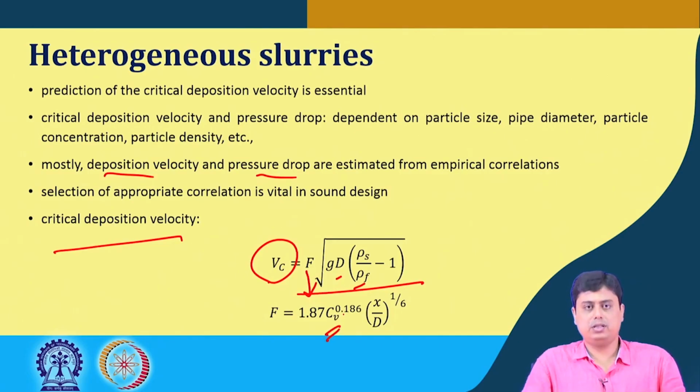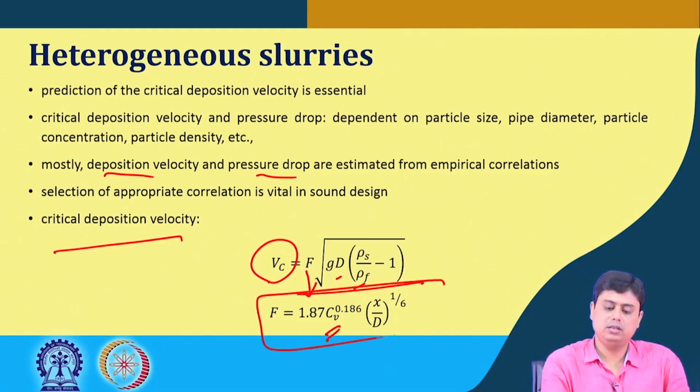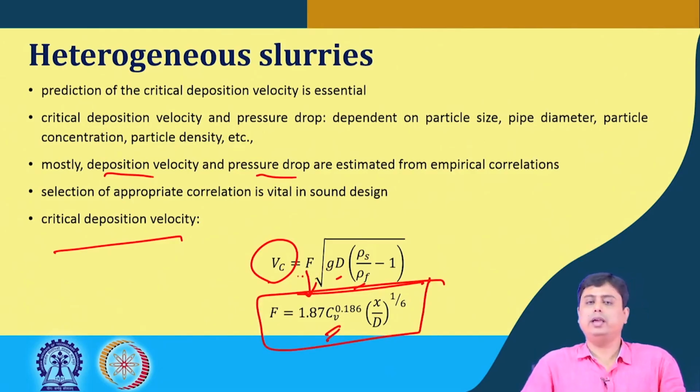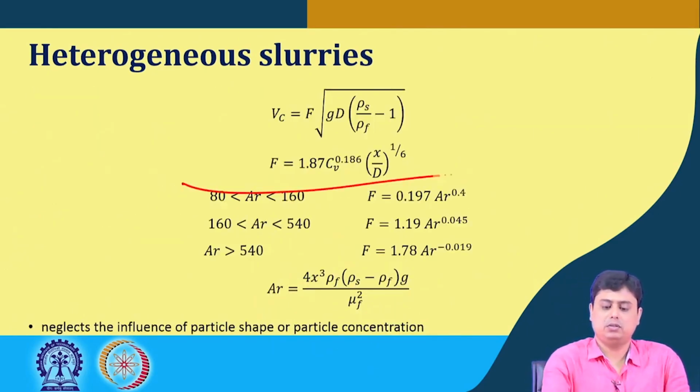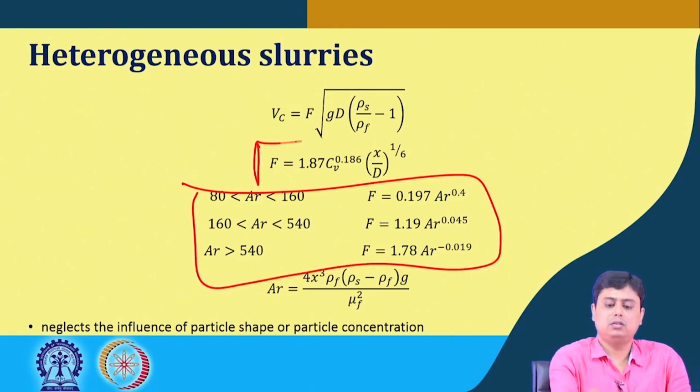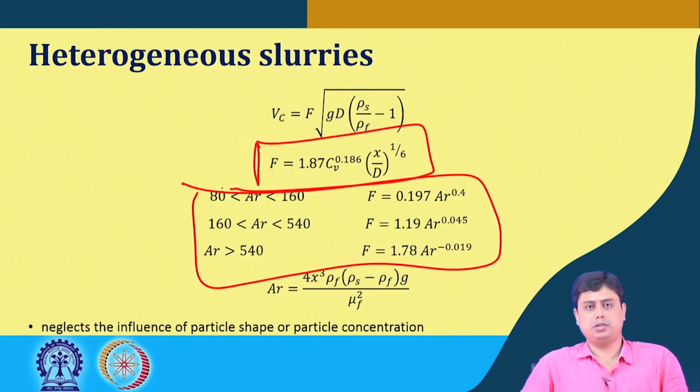So, few researchers have expressed this relation for calculation of this factor F. Now, since these are the empirical correlations, and again I mentioned that for a different range of operations, the researchers have revised this and have come up with the other set of expression. So, this is one set, this is another set, this is another expression.